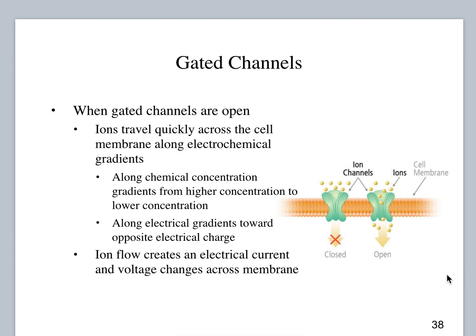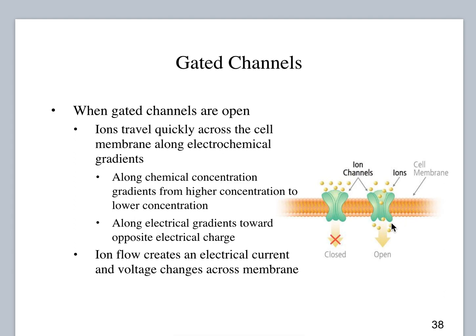When the channels open, the ions flow down their concentration gradient and across their chemical gradient. If you have a high concentration of sodium ions outside the cell and a low concentration inside the cell, when that channel opens, you'll have sodium rushing into the cell, bringing all those positive charges inside the cell, and that's what depolarizes the cell membrane with all the positive charges, making it go from negative to positive on the inside, which then stimulates the voltage-gated ion channels next to that to open up and create the cascade from one to the next.